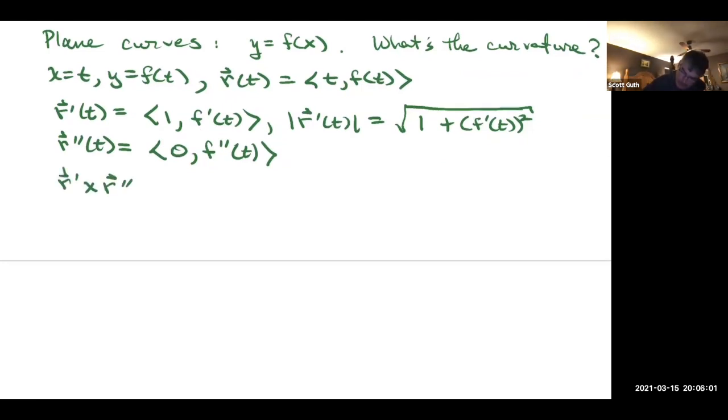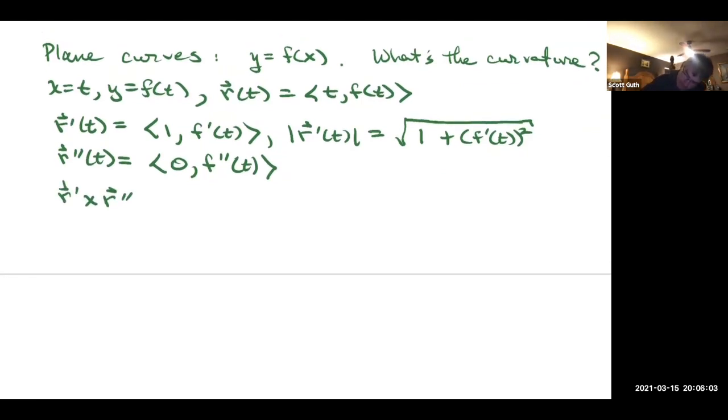We're computing curvature. Okay, so now I have to do this. I'll just write f prime and leave the t out, 0. And then 0, f double prime, 0 with the i's, j's, and k's.